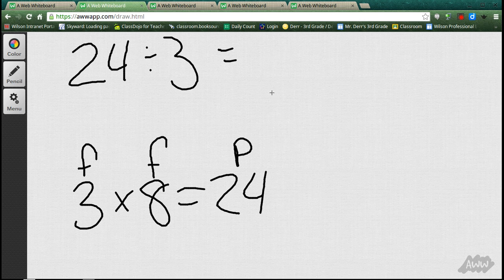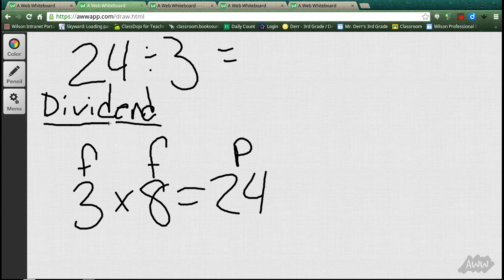Well, the first number we've been talking about, that 24, is your total, and that actually receives the name of dividend. That is your dividend. You can think of it as being at one end of the equation, and it's what you're dividing up and separating, so that is your dividend.